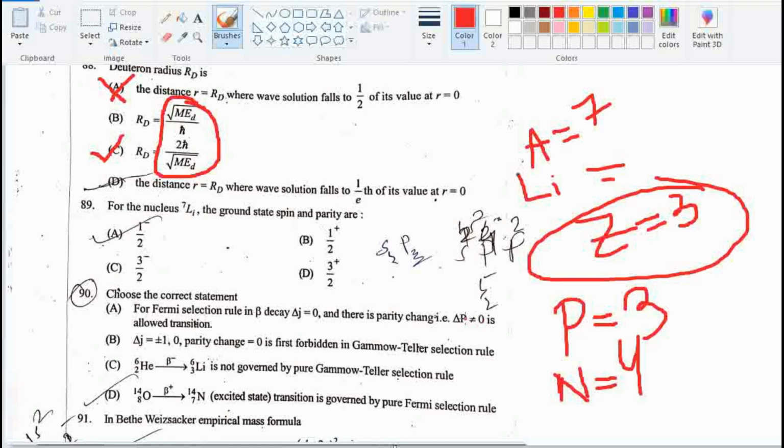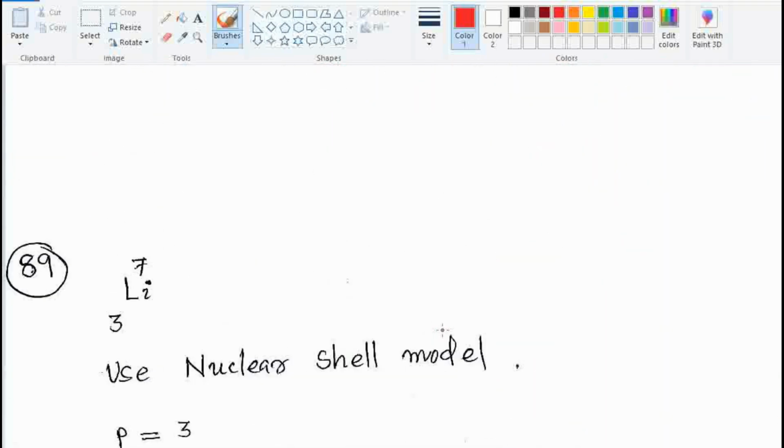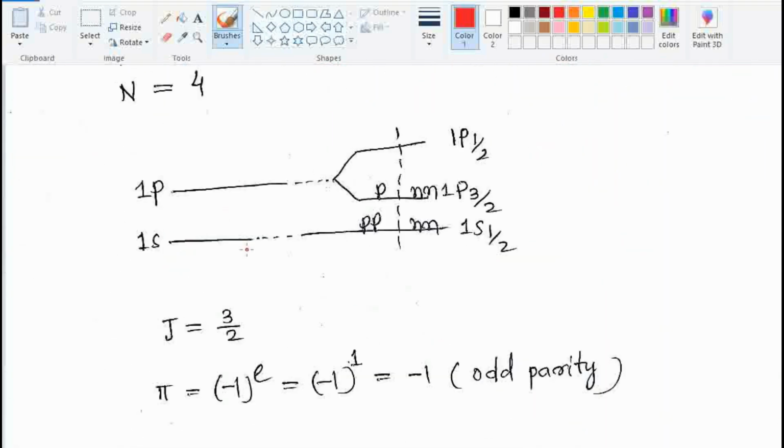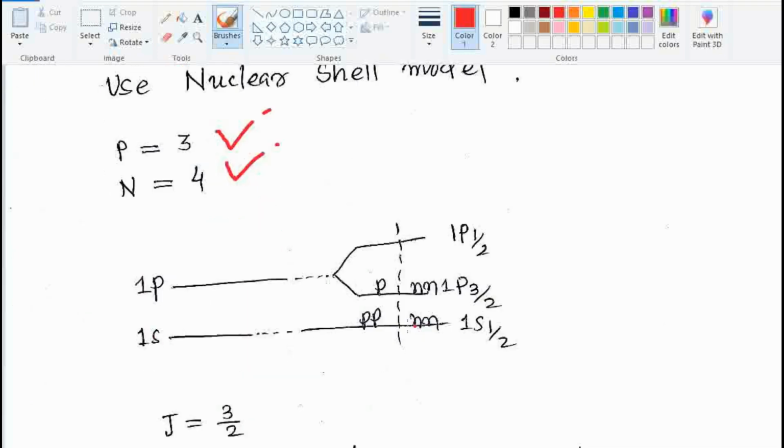So apply the shell model. For Li7 there are 3 protons and 4 neutrons. The ground state is 1s1/2.